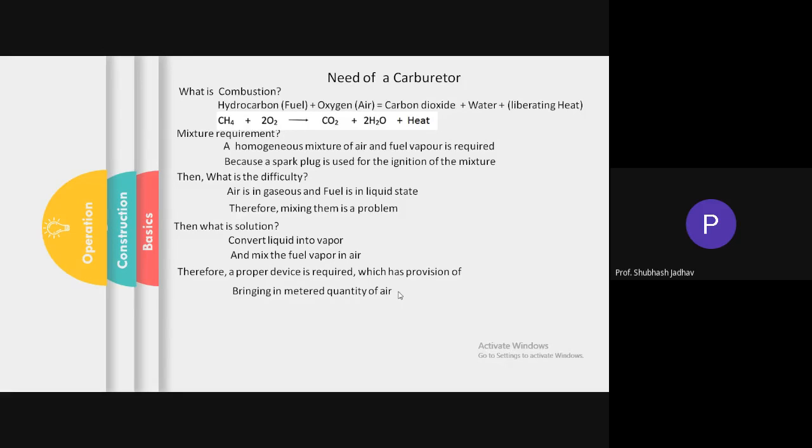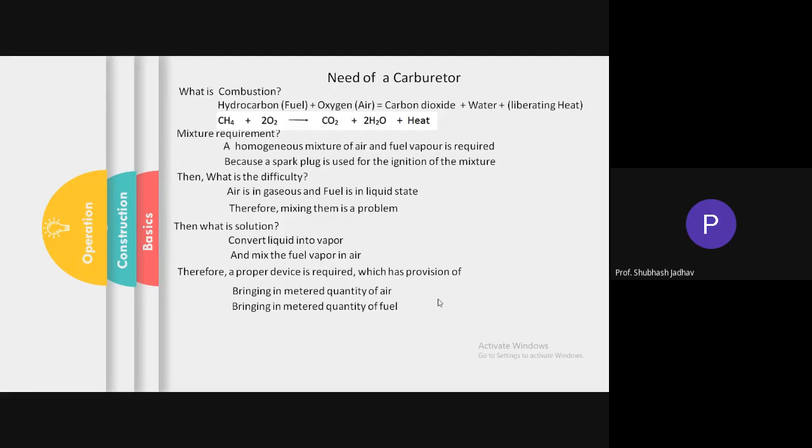Okay, so that is our first requirement of this carburetor. Then bring in metered quantity of fuel. So fuel also has to be metered before it is brought into the system. And the system we have is the device which we call a carburetor.